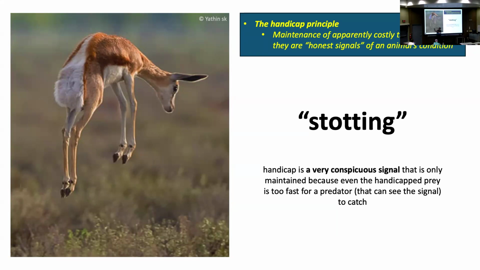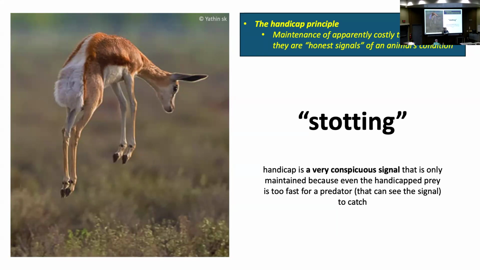If this adult prey animal is still alive and this is how it runs, there's no way you're catching up to that. It is an honest signal. So predators that have evolved to cue off of this signal, accept this signal and go after other prey that don't do this, are more successful predators. So that just enforces this costly signal.